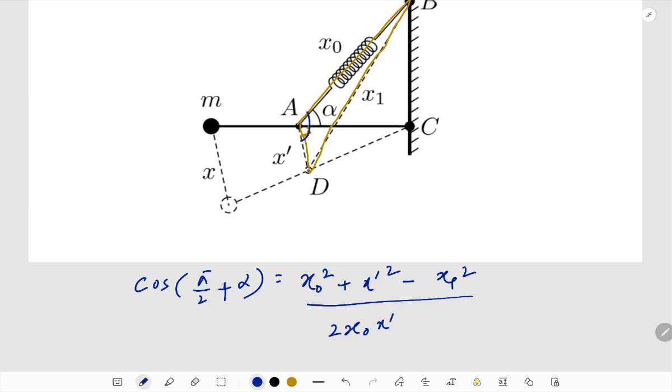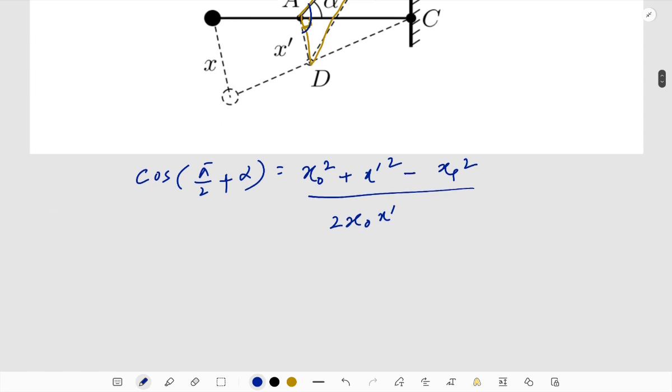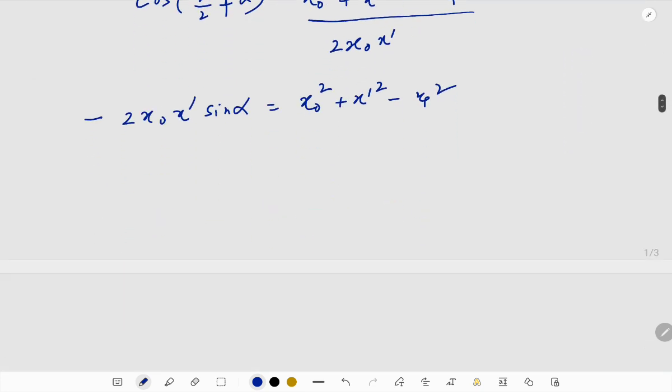So I can write minus sine alpha, that means 2 x naught x dash times minus sine alpha will be equal to x naught square plus x dash square minus x1 square.